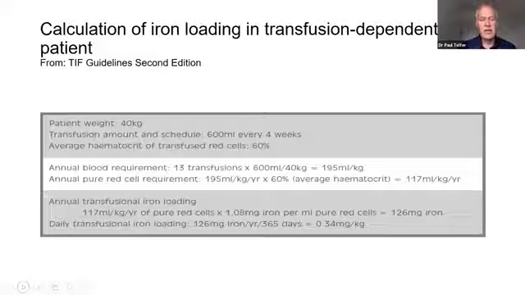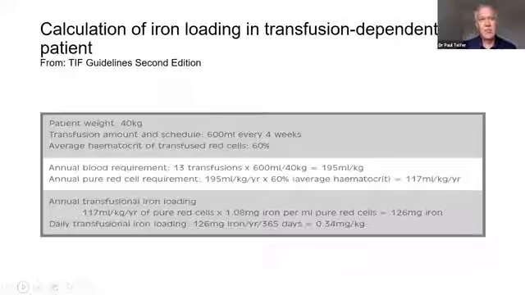You make a calculation of the total pure red cells infused over the year. You divide that by the average patient weight over the year to get the mils of pure red cells per kilogram. And then you can convert that into iron by multiplying by a factor of 1.08, which would be the milligrams of iron per mil of pure red cells. And then you can divide that by 365 to get the milligrams per kilogram per day.